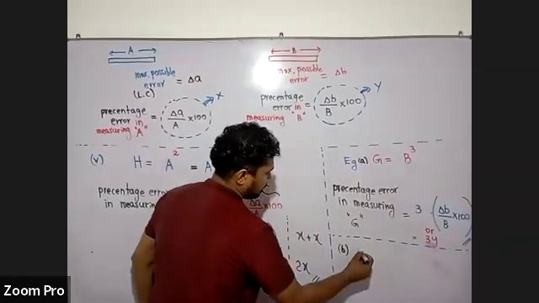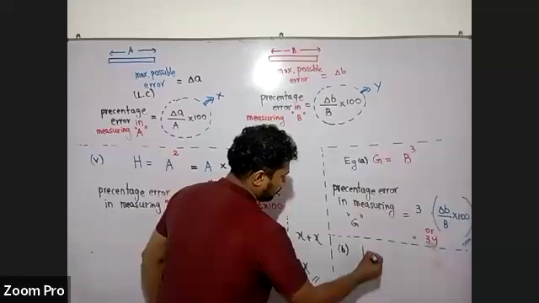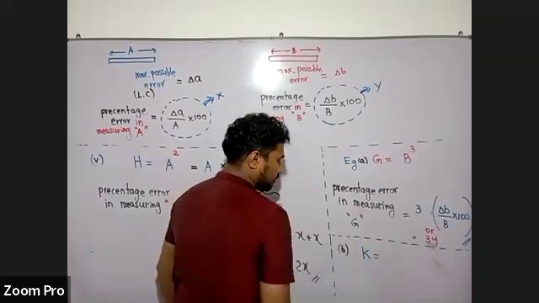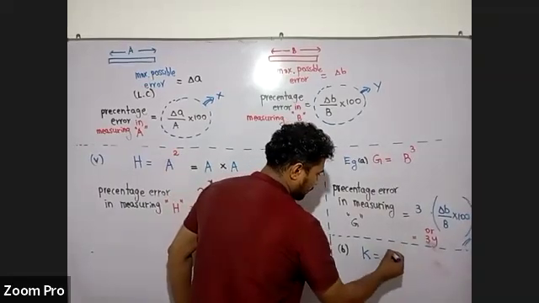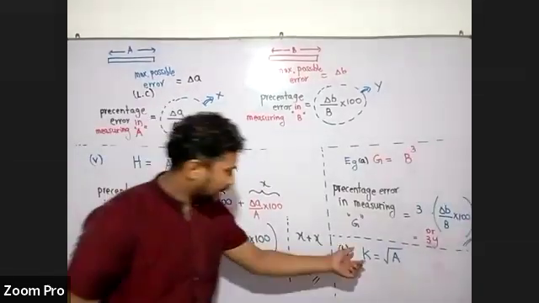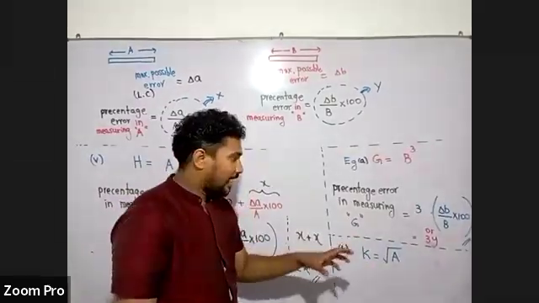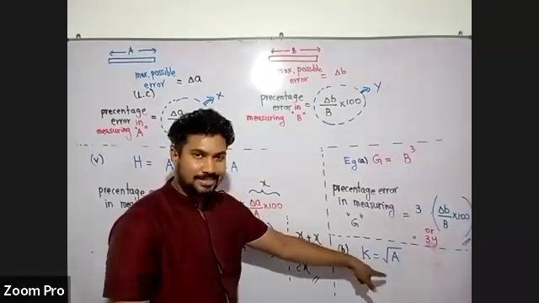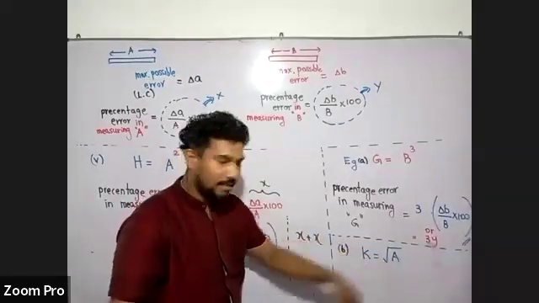There's a physical quantity K, and K can be obtained by considering root A, right?